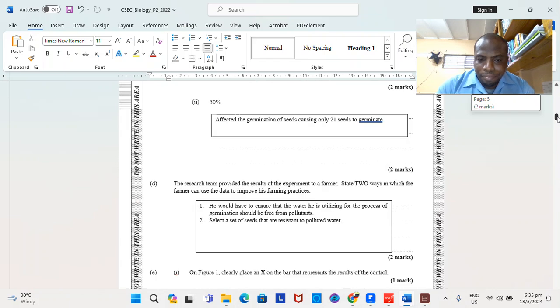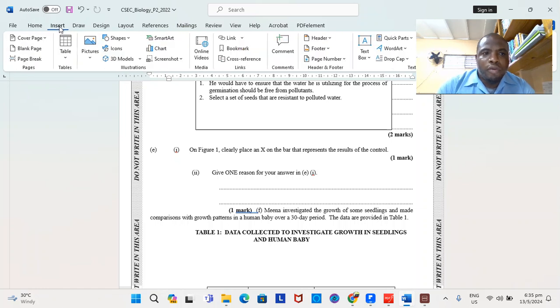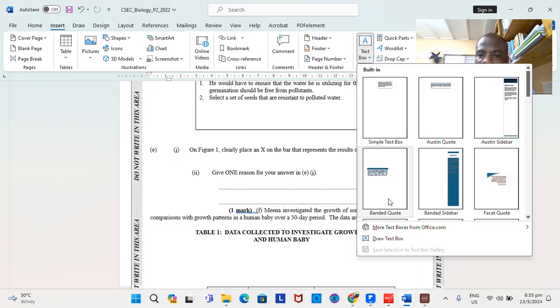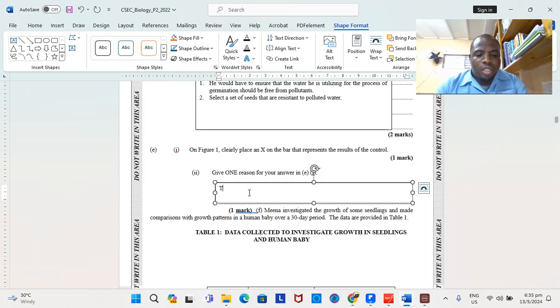All right? So the one that was utilized as our control would have been the distilled water, since it had no trace of pollutants.